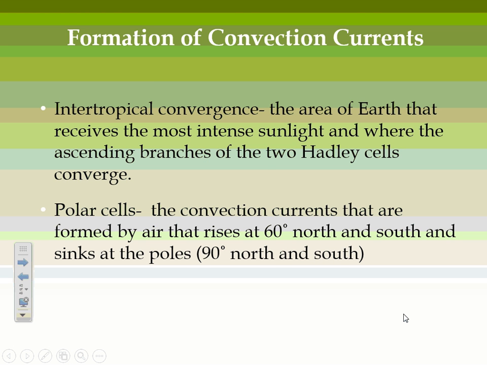At those poles, the north and south poles, they're actually known as cold deserts. There is not a lot of moisture in the air, and so there's not a lot of precipitation, but it's super cold. So that's the reason why there's a lot of ice, there's a lot of snow. It's formed by the water around it freezing, not necessarily because of precipitation.